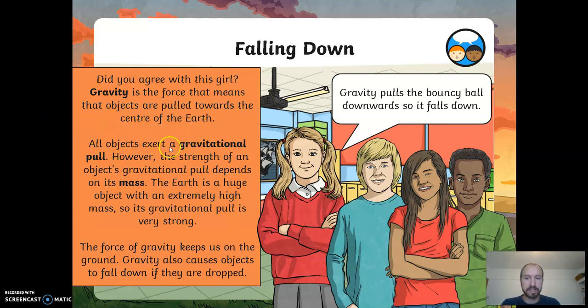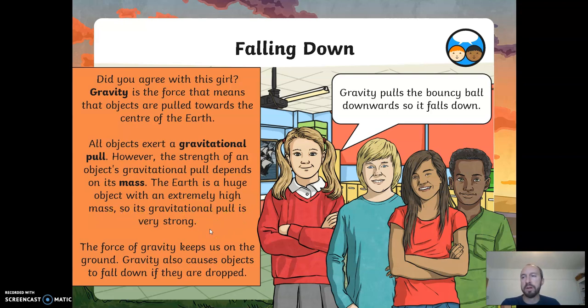All objects exert a gravitational pull. So even that ball has its own gravity pulling things towards it, but it's so small, you can't see it. However, the strength of an object's gravitational pull depends on its mass. We'll talk a bit about mass in a minute. The Earth is a huge object, which has an extremely high mass, so its gravitational pull is very strong.